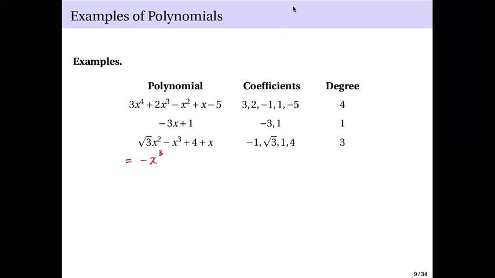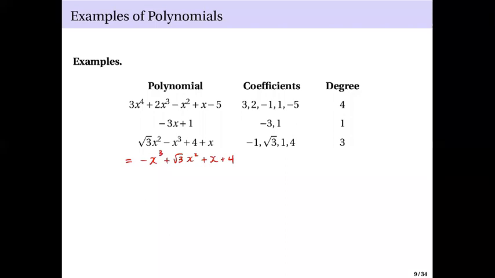The next higher power is x squared. So you have your plus square root of 3 x squared. And then there's also x here. So that's the next one. So plus x. And then lastly, your constant here, you have the plus 4.